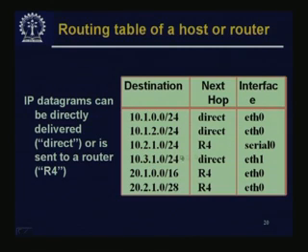If you look at this example, for example, this 10.1.0.0/24, that means anything can be there in the last part. So, for all these you just deliver it directly. Similarly, 10.1.2 is also connected directly, that means they are all in the same network.